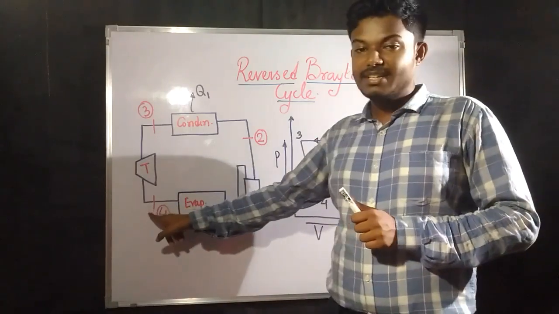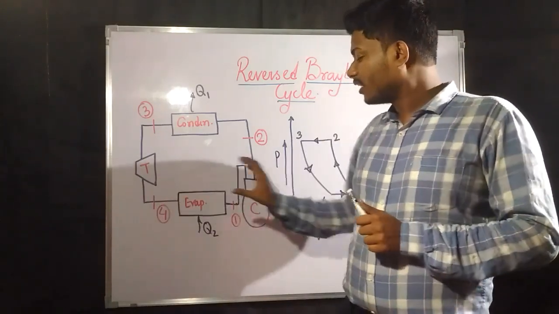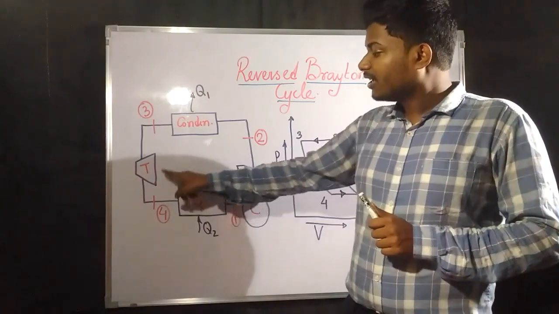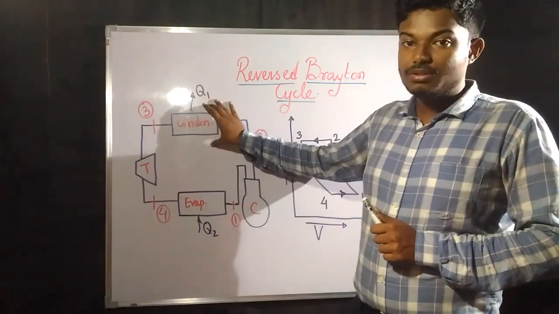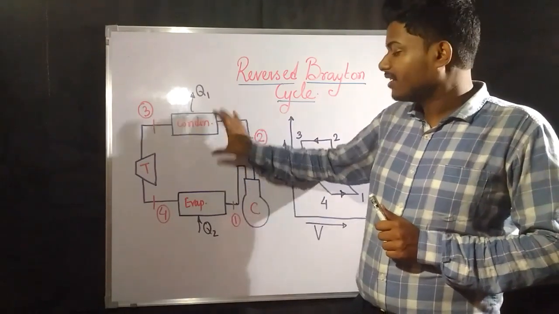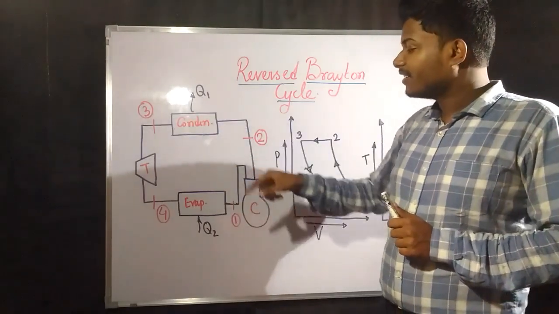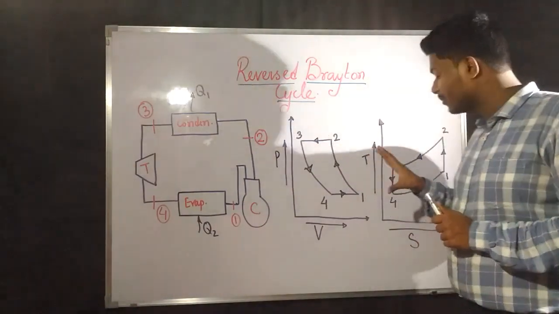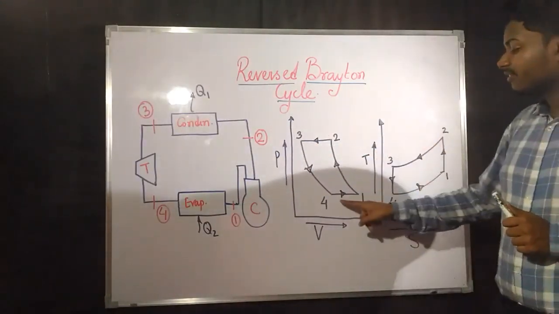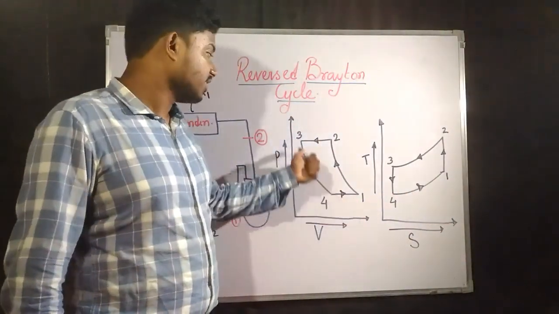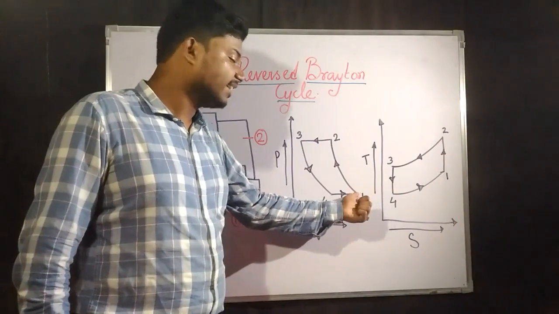Previously it used to start from here, and the compressor used to be there. After that, there used to be a heat addition and the condenser used to be here. Now we are reversing this process, so it starts from the compressor. If you look at the PV diagram and TS diagram, previously the Brayton cycle used to start from this point, completing a cycle in clockwise direction.